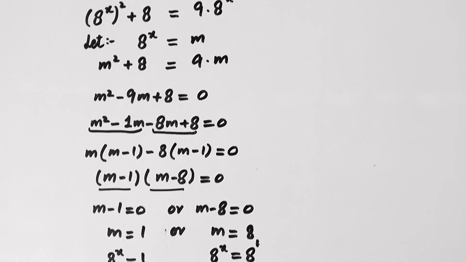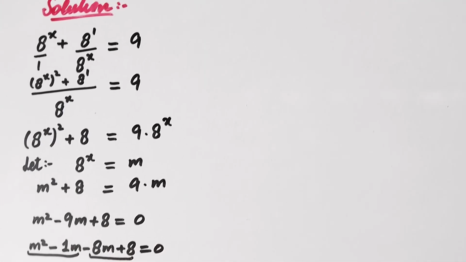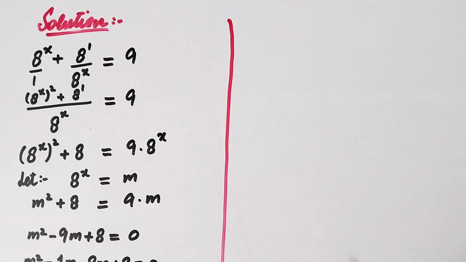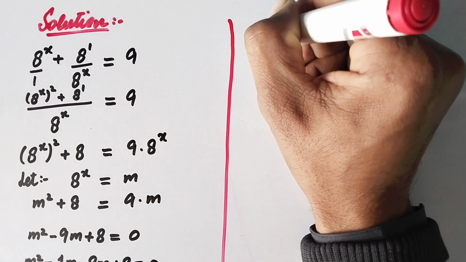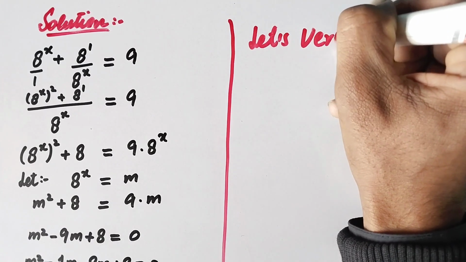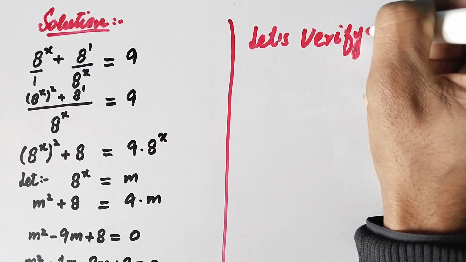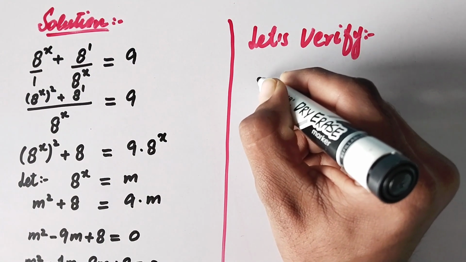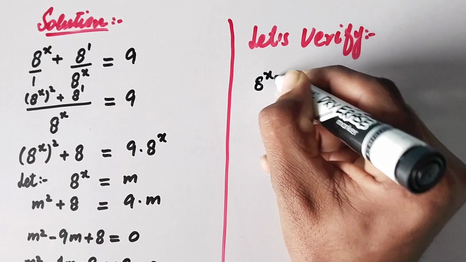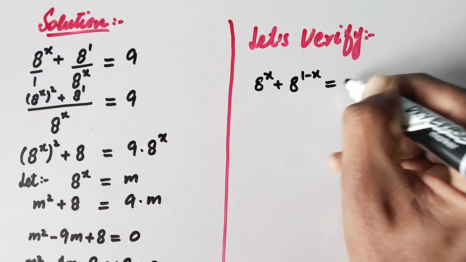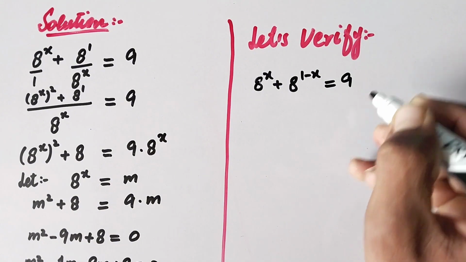And now let's verify our answer. So here we will write our original equation, that was 8 to power x plus 8 to power 1 minus x equal to 9.